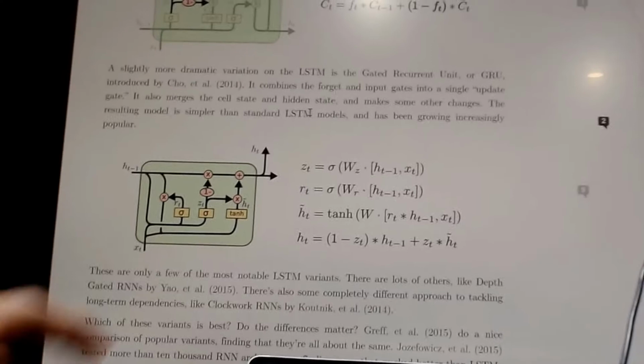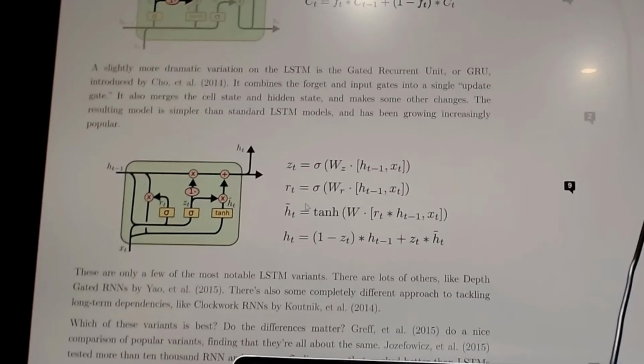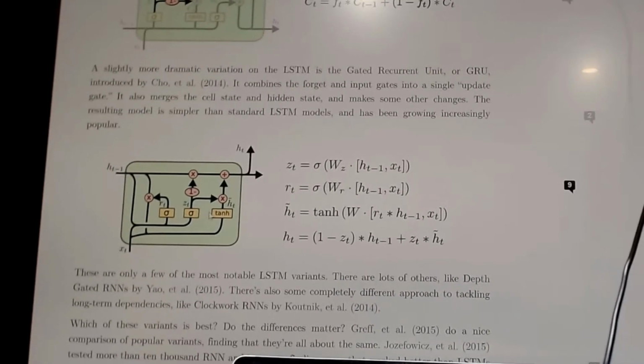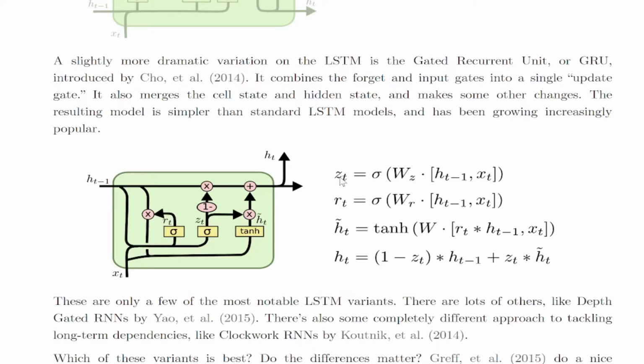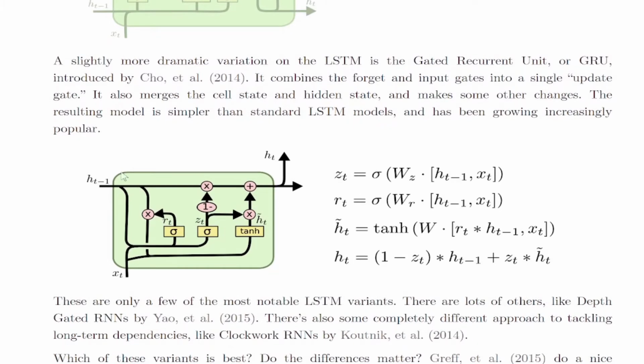I need to do some more research on GRUs to better understand them. I understand the formulas and the theory behind them, but I don't understand what Z_t means, or what R_t means. Also, it looks like the cell state, which was in the previous versions of LSTMs, now gets turned into a hidden state.